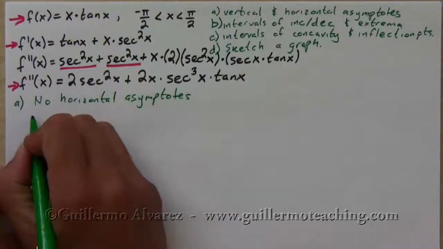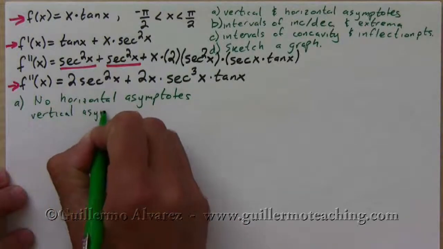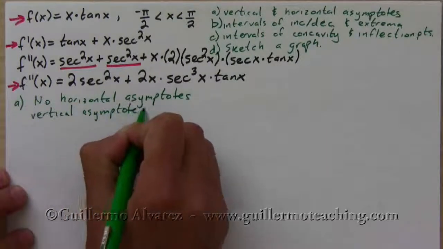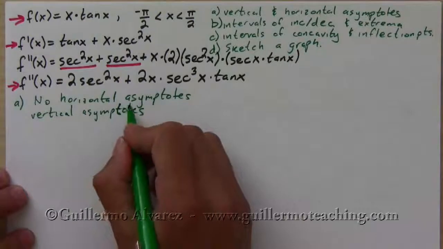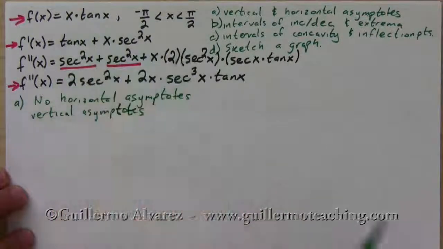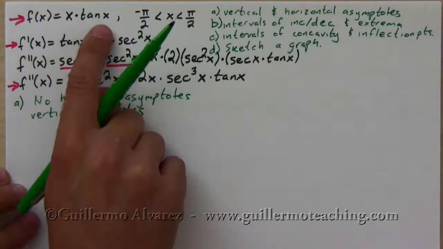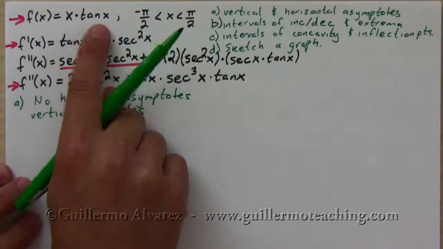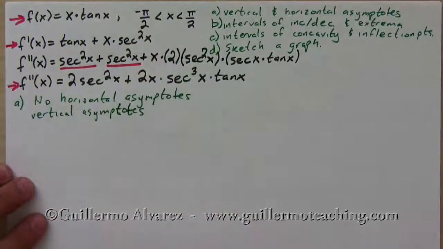Okay, now for the vertical, remember the most common case is when the denominator of a function is equal to 0. Usually you have a vertical asymptote there. But this isn't a fraction. But we do know that the tangent function actually has a vertical asymptote at pi over 2 and at negative pi over 2.